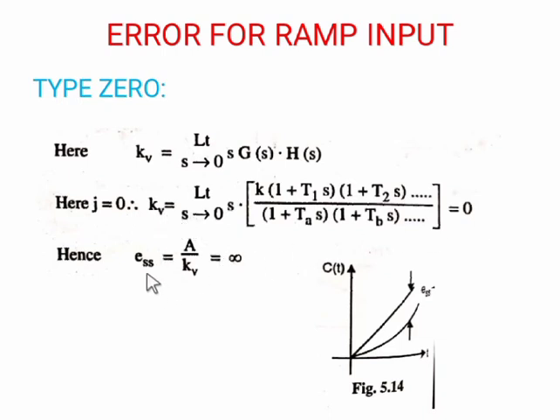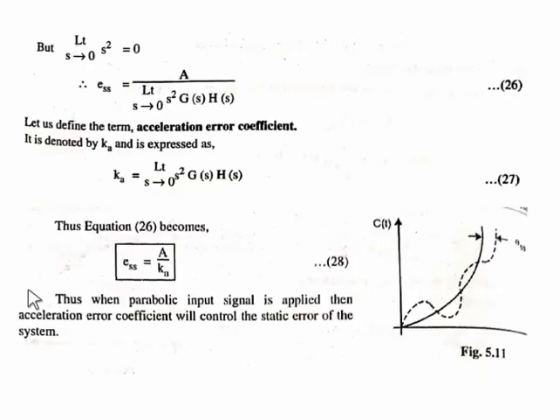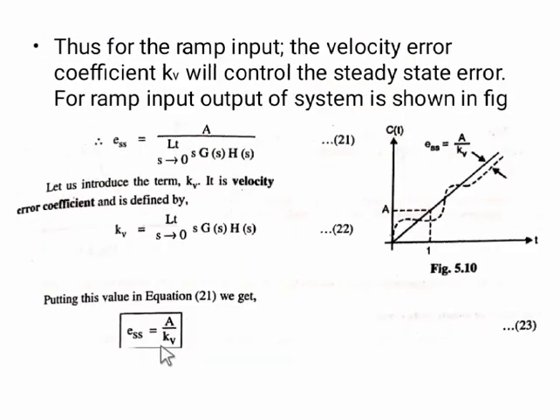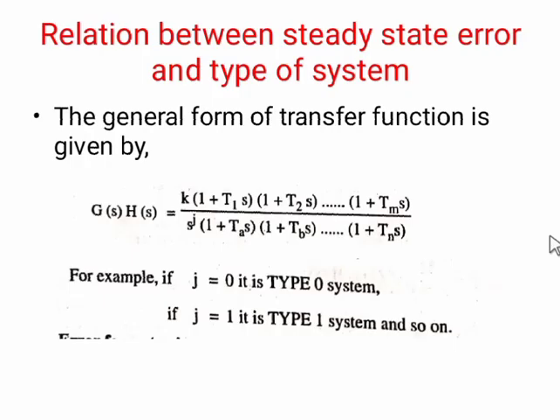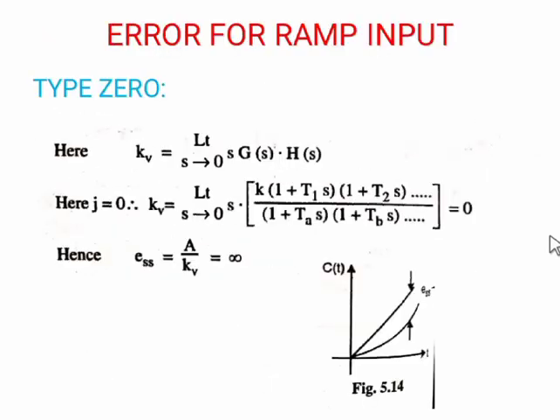Now the steady state error ESS is A by Kv. This is the steady state error for the ramp input signal. If we put the value of Kv equal to 0, it is A by 0, so it is infinity.